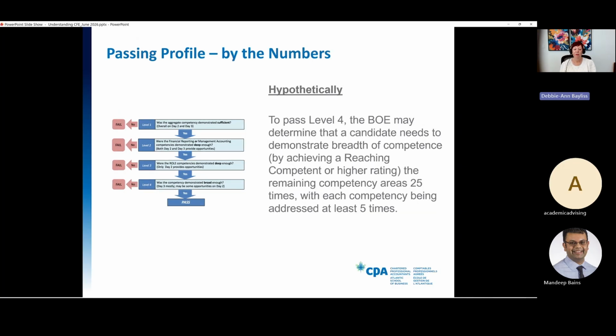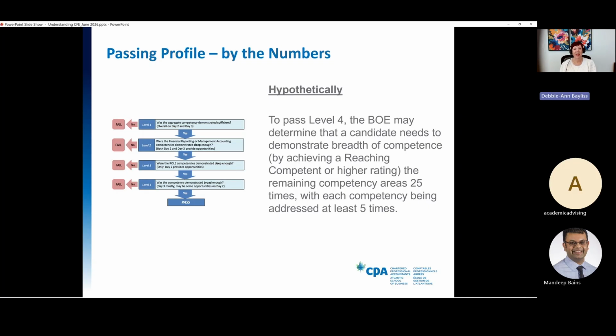When it comes to level 4, perhaps the expectation would be that you need to achieve at least reaching competent or higher 25 times. However, there's also another requirement: you have to reach a minimum of, say, 5 reaching competent or higher for each of the technical competency areas.